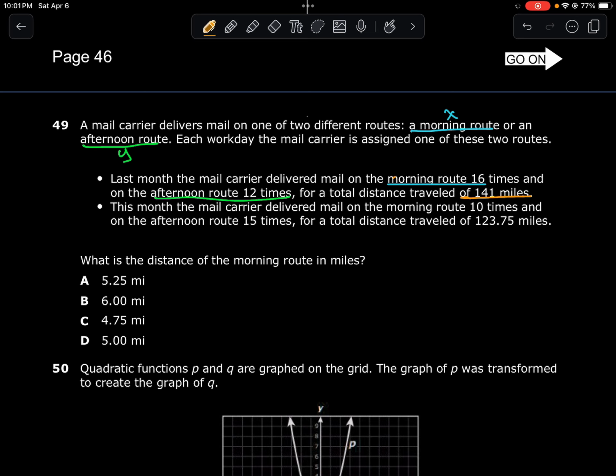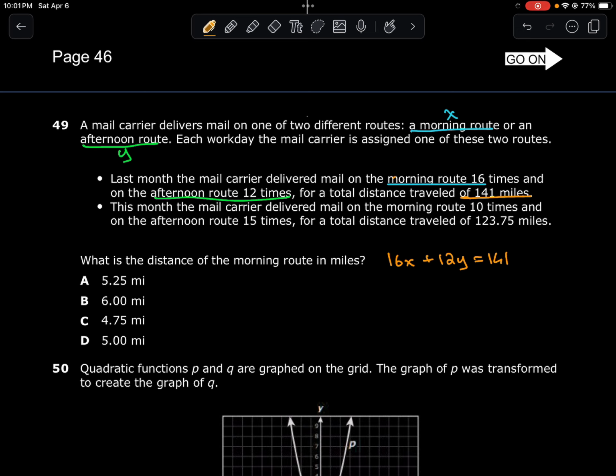What's the distance? Well, it's 16x. Okay, x is the distance of the morning route, 16 times. And on the afternoon 12 times. So what's the distance? It's 12 times y, which is the distance of the afternoon route. The total distance, and that's 141 miles.